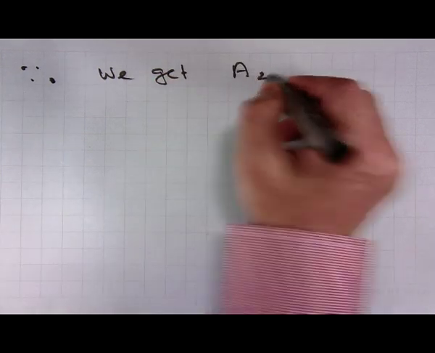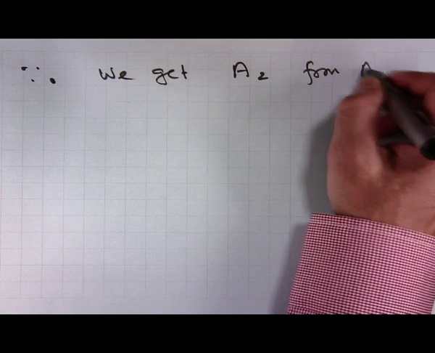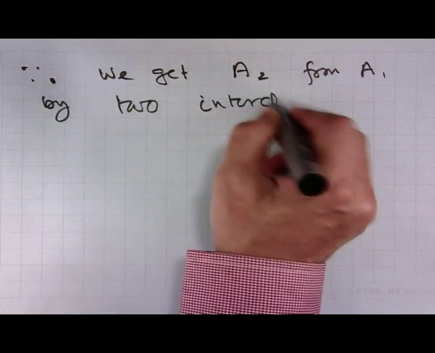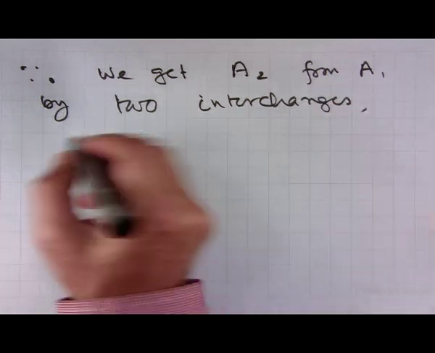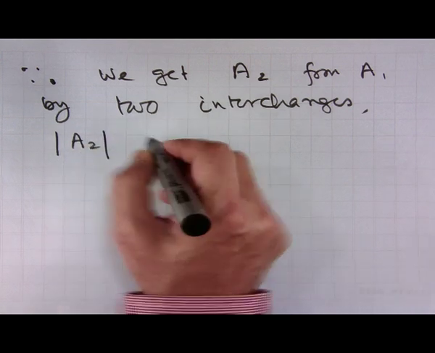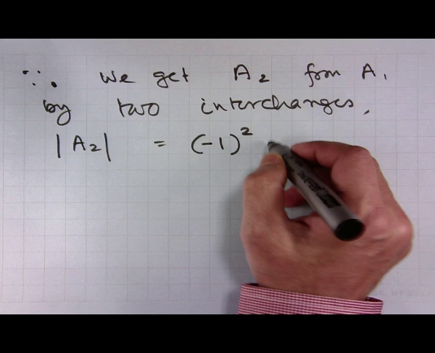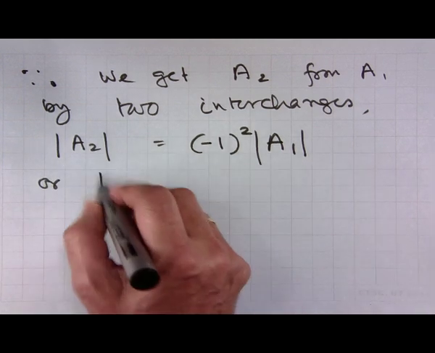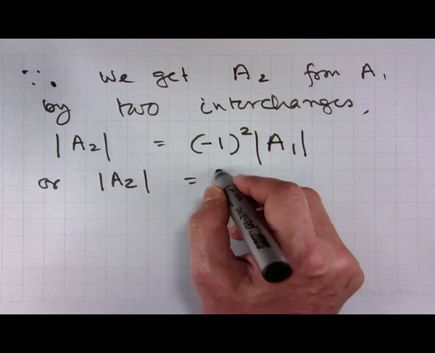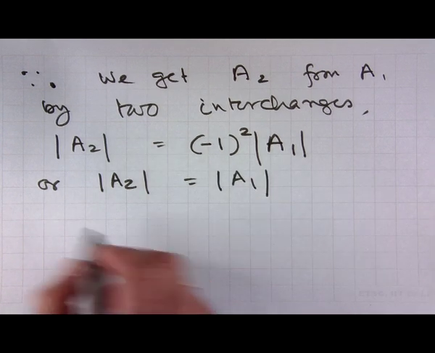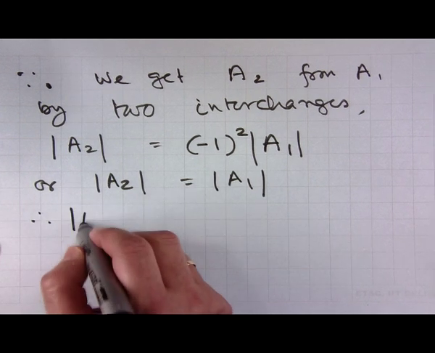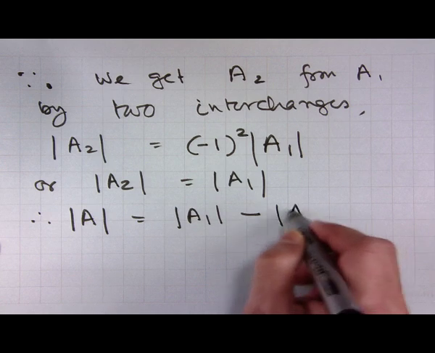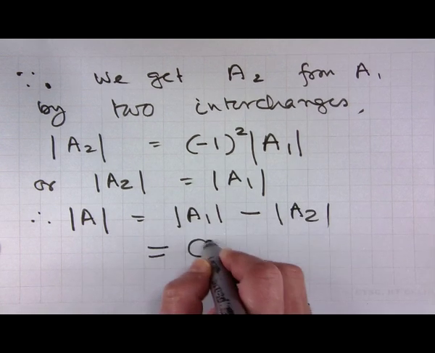Since we get A 2 from A 1 by two interchanges, determinant of A 2 is equal to minus 1 square times determinant of A 1, or determinant of A 2 is equal to determinant of A 1. Therefore, determinant of A is equal to determinant of A 1 minus determinant of A 2, which is equal to 0.